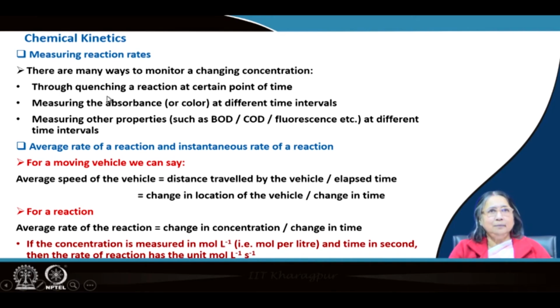Then you can have a little time to measure the concentration of the reactant or the product. And some instruments are there which can continuously monitor some properties of some substance, either reactant or product. Under controlled conditions, you can regulate and program the instrument to measure some properties, such as absorbance or fluorescence, or color.